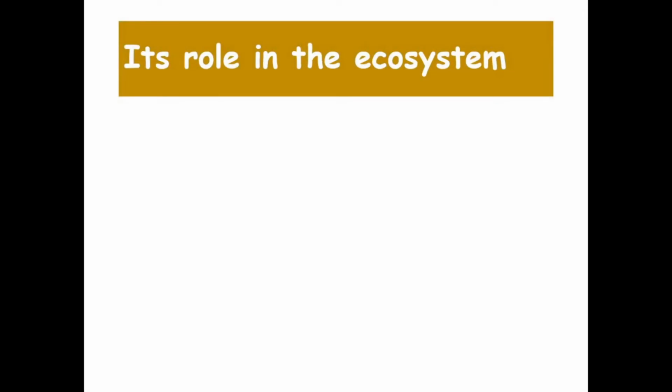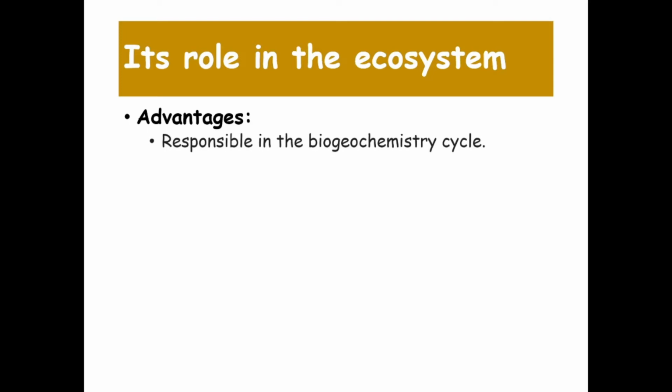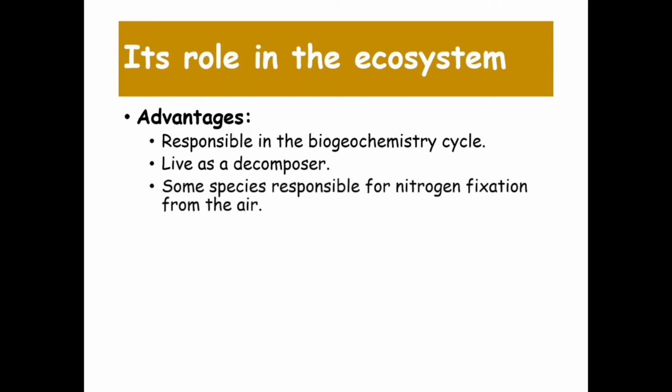Now, let's discover the roles of Monera in the ecosystem. Monera give advantages to humans and other organisms, such as being responsible in the biochemistry cycle, living as a decomposer, and some species being responsible for nitrogen fixation from the air.